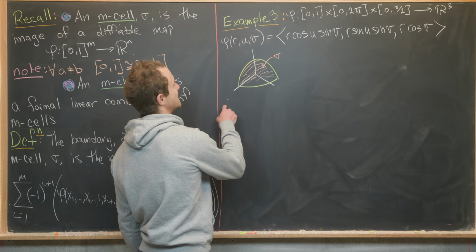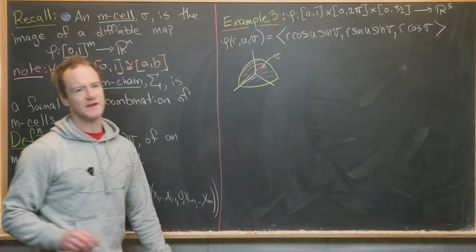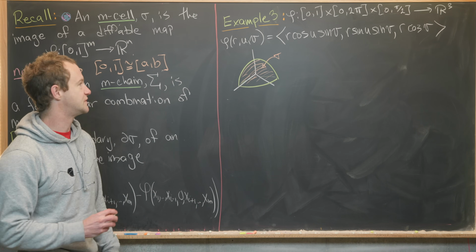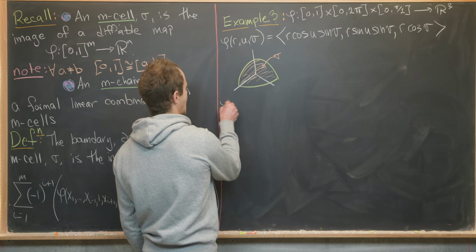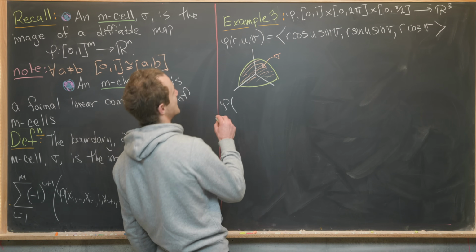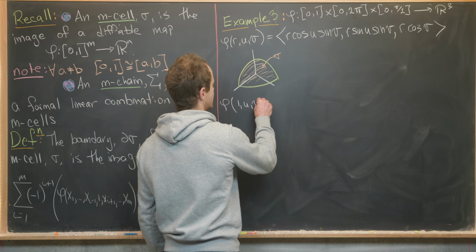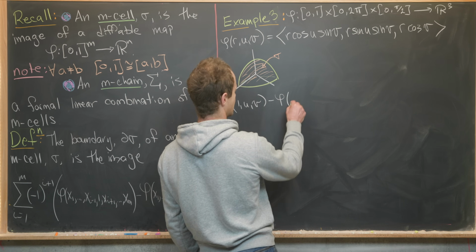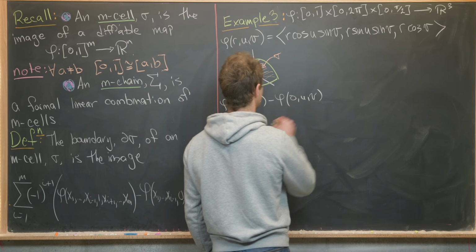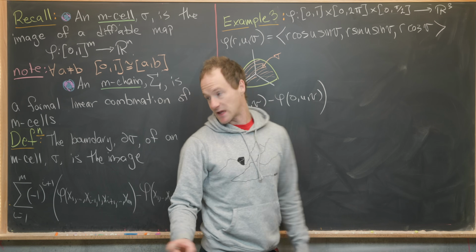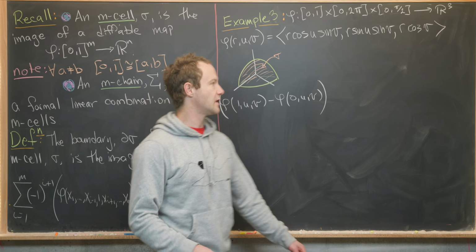So the boundary will be the image, which is described by this formal linear combination of 2-cells. So we're gonna have phi evaluated at (1, u, v) minus phi evaluated at (0, u, v). So that's like my i equals 1 component.